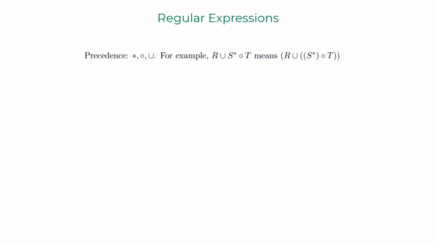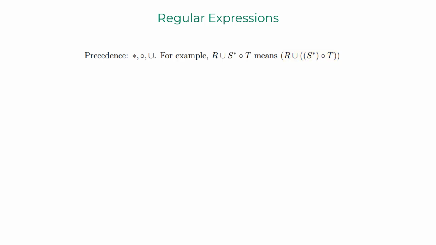In regular expressions, star has the highest precedence, followed by concatenation, and the lowest precedence is given to the union operation. For example, for that particular regular expression, you can see that being evaluated this way. The star will be evaluated first, followed by the concatenation, and finally the union.